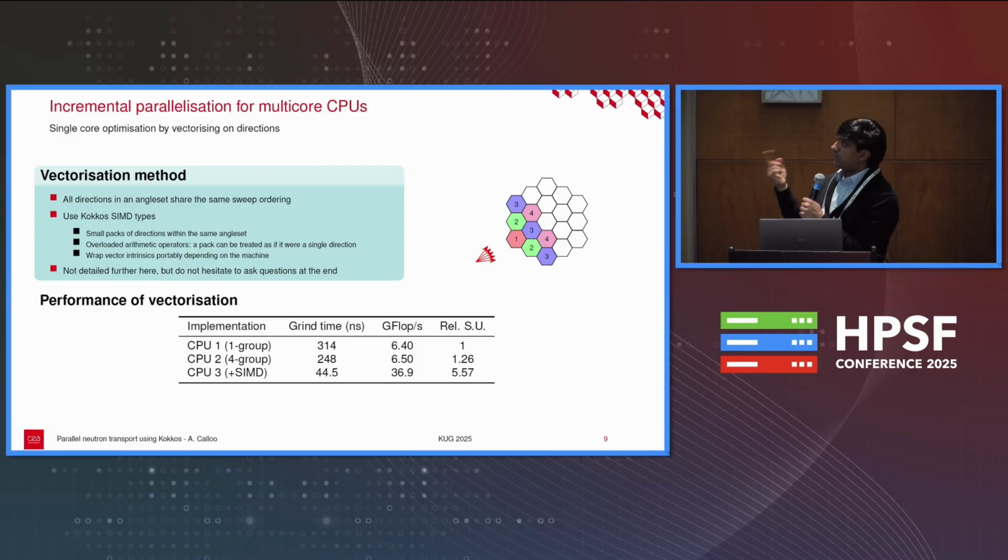Earlier I used to write code with intrinsics, so it was complicated to port to different platforms and keep up to date. With the Kokkos SIMD types, this simplified our implementation. Just by using the SIMD type against the non-SIMD one, we get a huge performance gain.